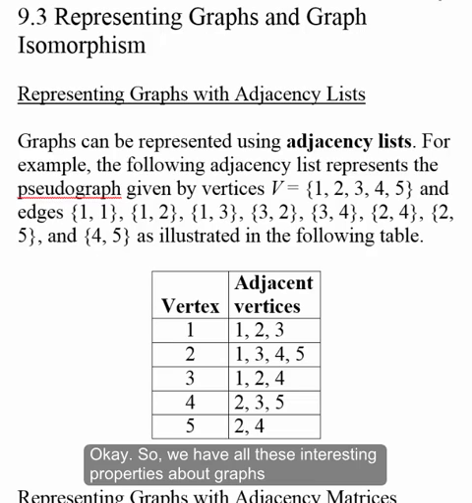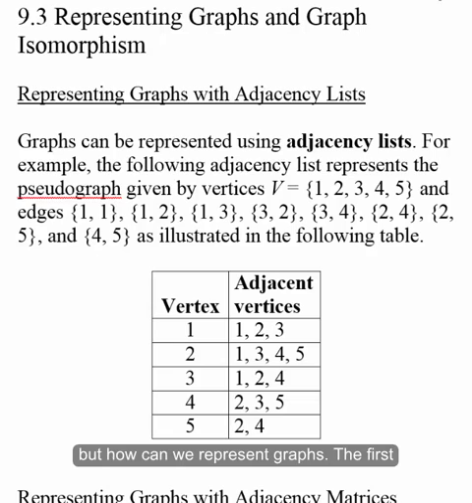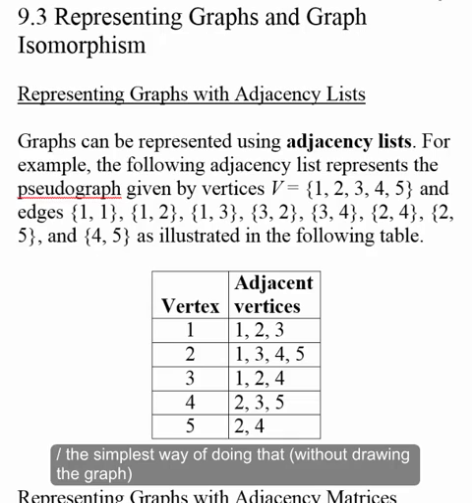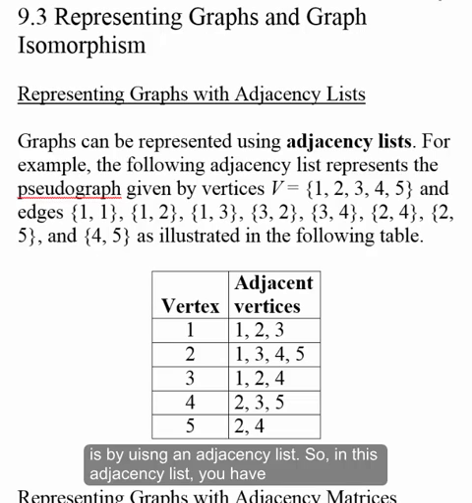Okay, so we have all these interesting properties about graphs, but how can we represent graphs? The simplest way of doing that without actually drawing the graph is by using an adjacency list.